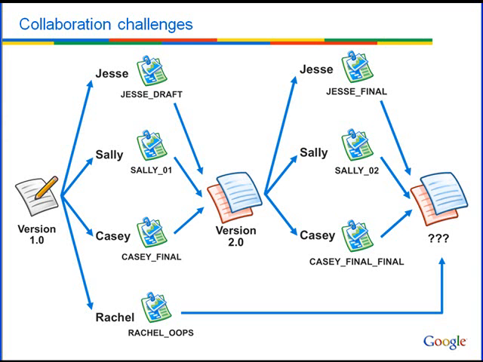And then if Rachel came back and she forgot to send you version 1, you had to compile version 2 and version 1. That causes a lot of collaboration challenges. But with Google Docs or Google Apps Education Edition, you will always be using the most recent document. People would always collaborate on the most recent document.